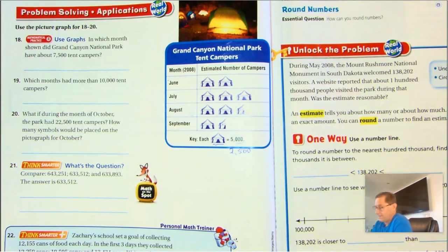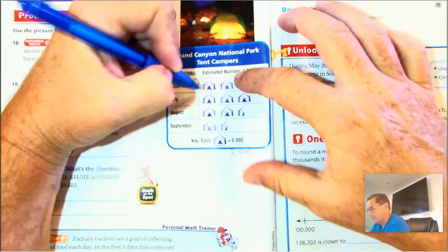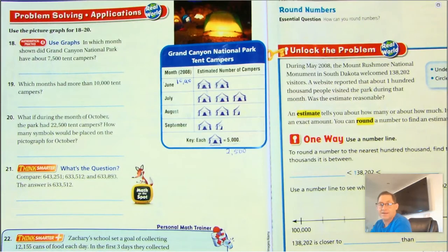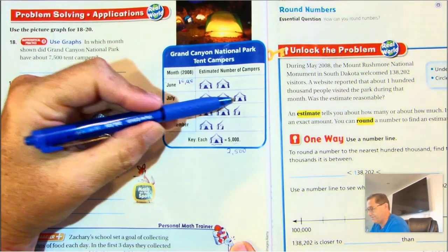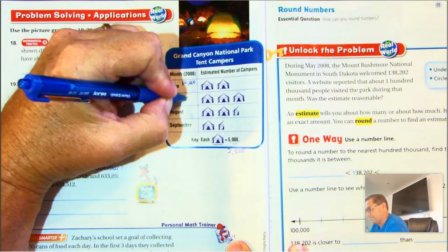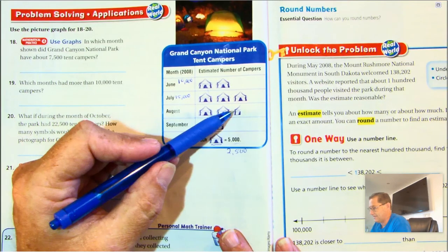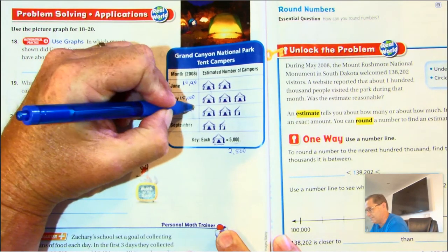So in which month shown did the Grand Canyon National Park have about 7,500 tent campers? Okay, so June, I know there are 2 symbols, so that has to be 10,000, 5,000 plus 5,000. July has to be 5, 10, 15,000. August, 5, 10 plus 2,500, so 12,500.